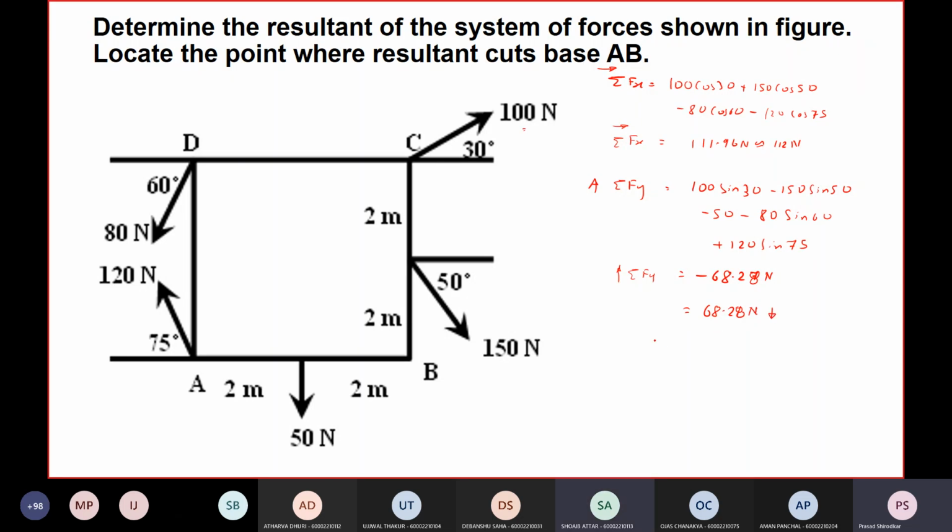Okay, so this is your summation Fx, summation Fy.